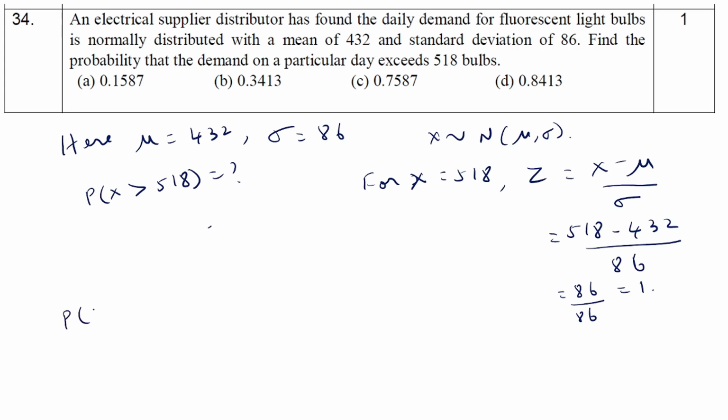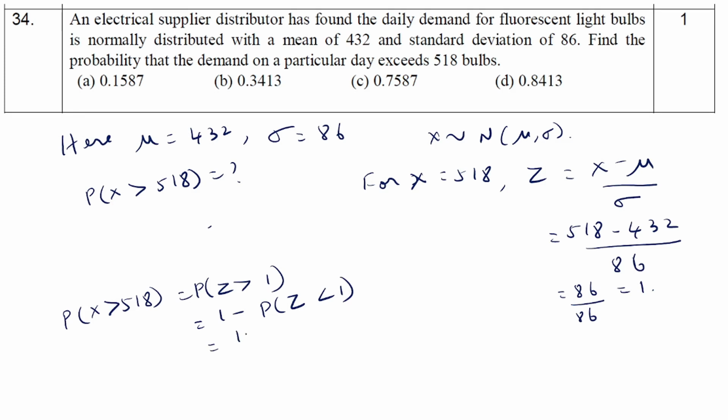So probability of x greater than 518 is equal to probability of z greater than 1. Now in the z-score table, we do not have probability for z greater than 1. So probability of z greater than 1 is equal to 1 minus probability of z less than 1.